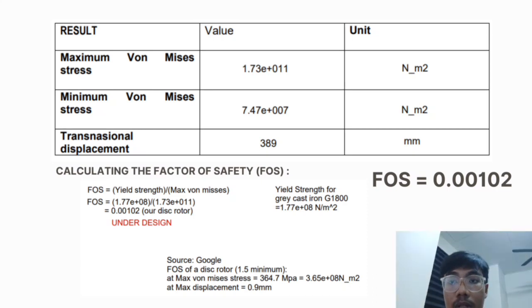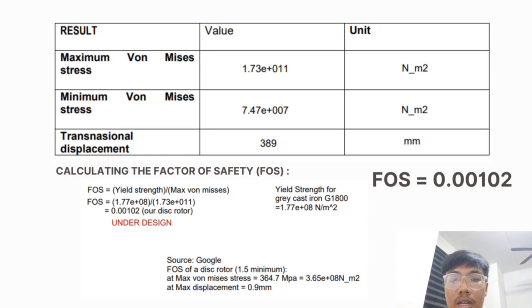Calculating the factor of safety for this analysis, we get a factor of safety of 0.00102, which is smaller than 1 and not considered safe for a brake disc rotor to use. So it was considered under design.